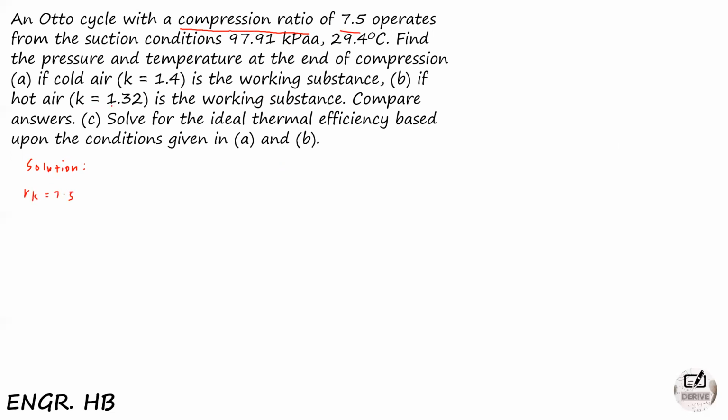Operates from the suction conditions 97.91 kilopascal absolute. So, pag sinabing suction, of course, this is your first pressure, so pressure 1. Kilopascal absolute. Okay, and of course, may kaakibat na temperature. So, that was the suction temperature, 29.4 degrees Celsius.